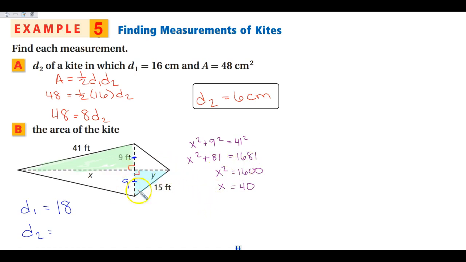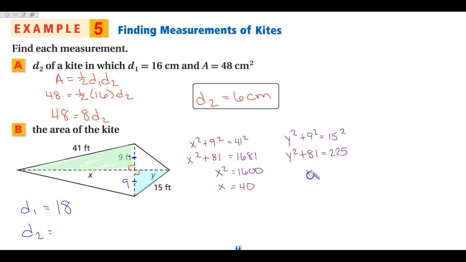We're going to do the same thing to find y. I'm going to do y squared plus 9 squared is equal this time to 15 squared. Again, using the blue triangle for this one. So we're going to do y squared plus 81 is equal to 225.